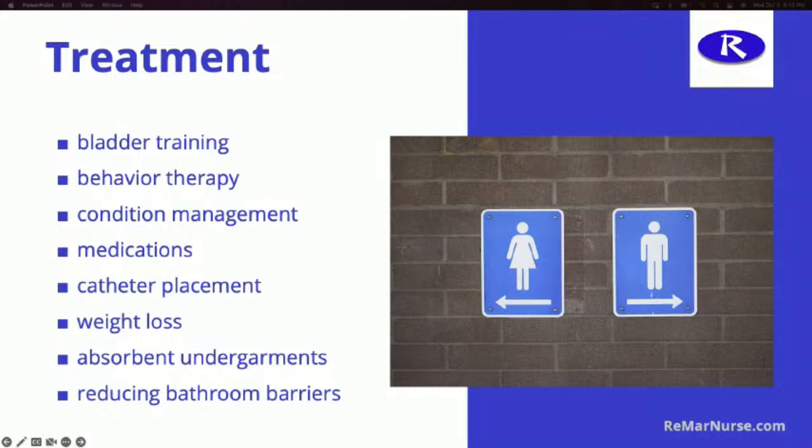Weight loss. Weight loss is considered a treatment because it relieves pressure on the bladder. Absorbent undergarments, pads, things like that can help you to contain a small amount of urine leakage, but not a lot. And then reducing bathroom barriers, getting the patient to the bathroom as quickly as possible.